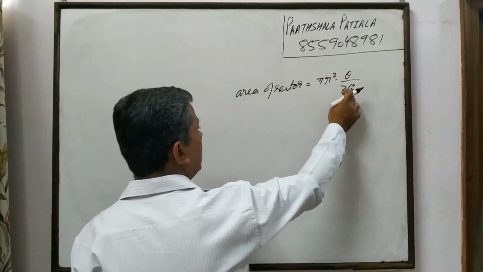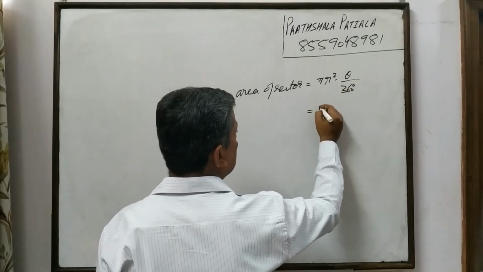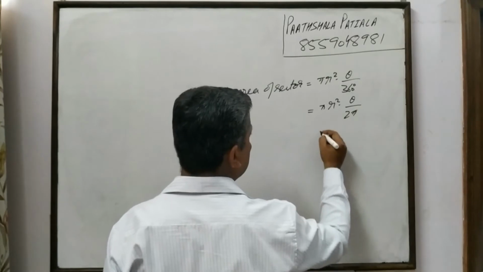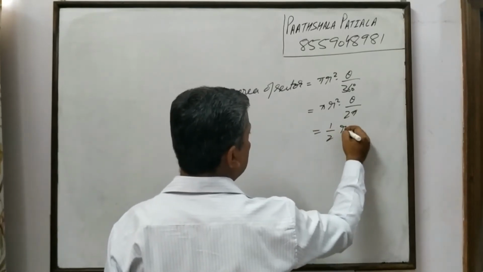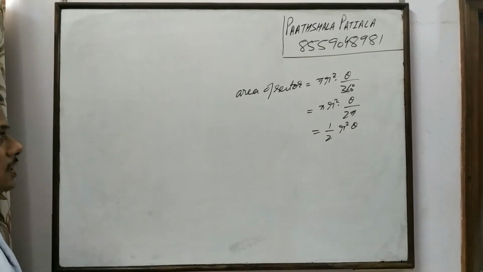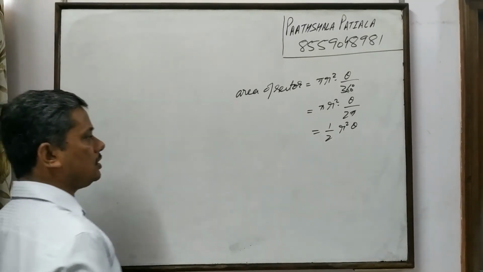Now if you wish to write this in radians, pi r square theta upon 360 degrees, 2 pi radians, or it is half r square theta. So if angle is measured in radians, then area of sector is half r square theta.